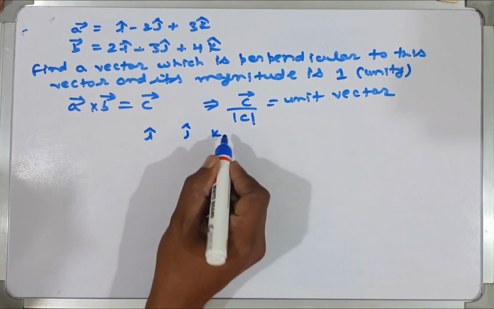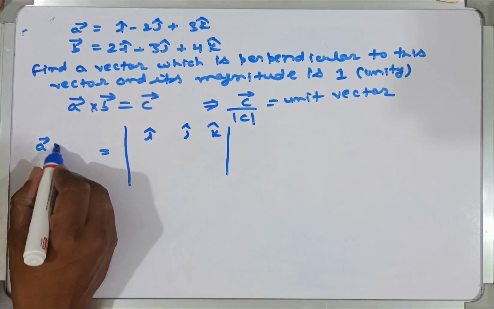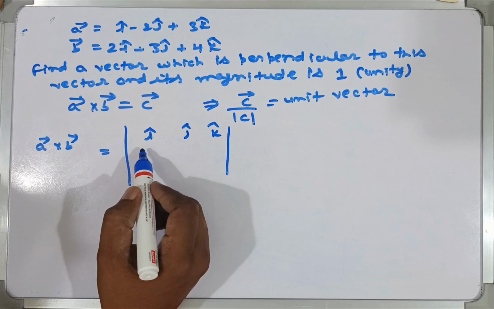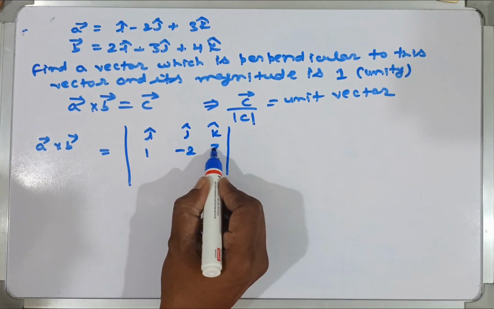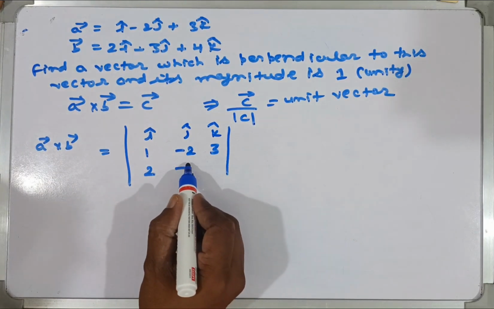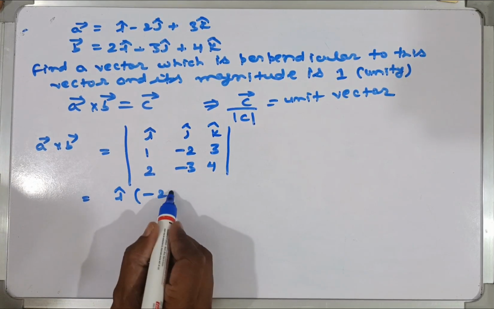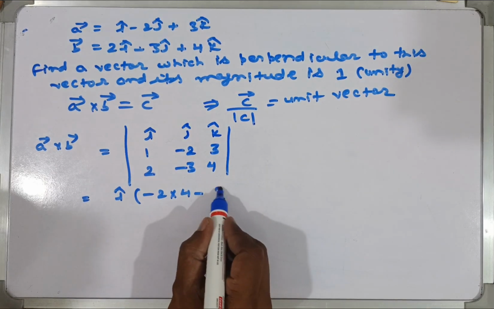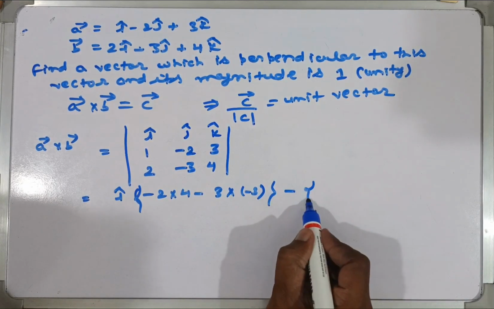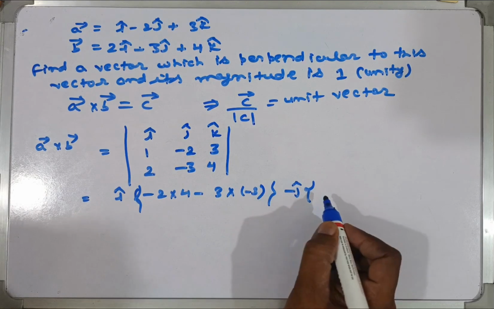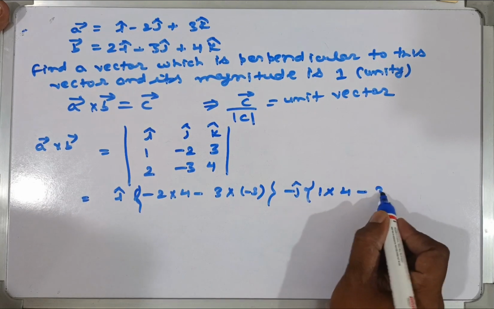i, j and k first, and we write here A cross B, and we write the coefficients of the A vector first, 1, minus 2, then 3, then we write 2, minus 3, and 4. So we can write it as minus 2 into 4 minus 3 into minus 3, then with a negative sign you can also write 1 into 4 minus 3 into 2.